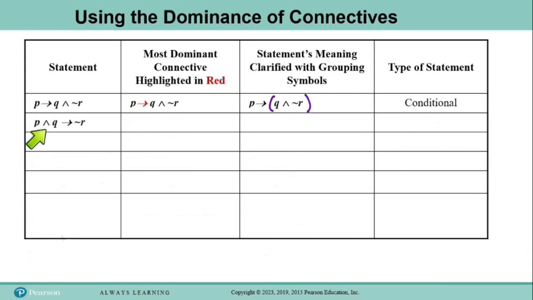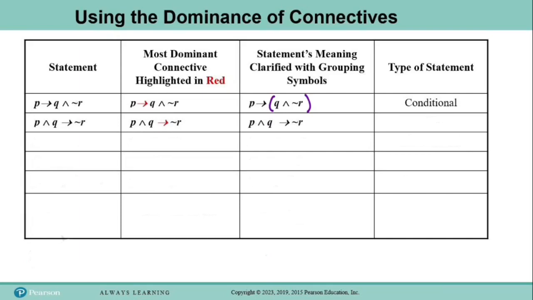So let's look at this statement. This one also contains a conjunction, a conditional, and a negation. And the conditional is the most dominant. So right here in the second column, we will highlight the conditional. And now we know that everything before the conditional should be grouped together and everything after it. But after it, we really don't need parentheses because there's just one thing there.